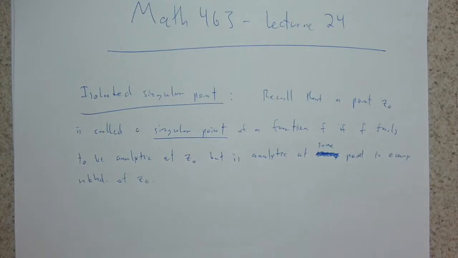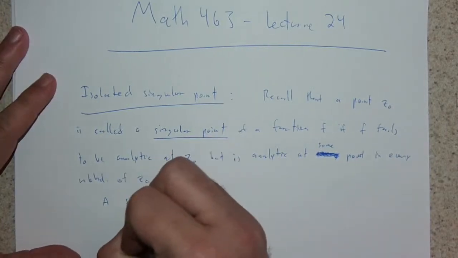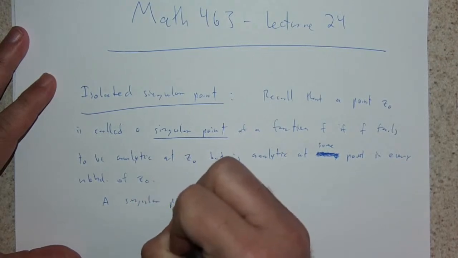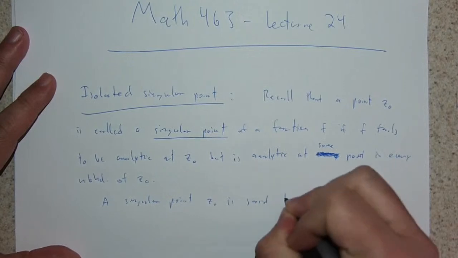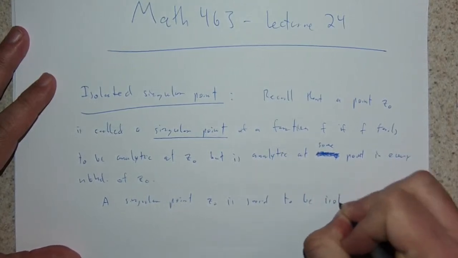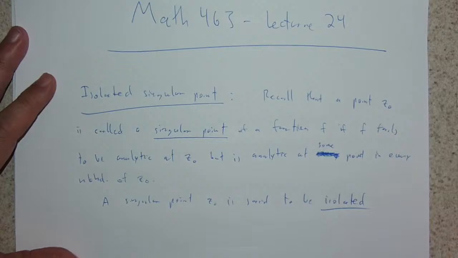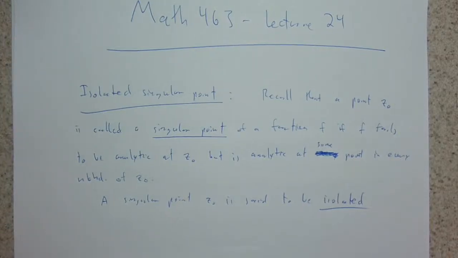What makes a singular point isolated? Well, a singular point z naught is said to be isolated if, in addition to actually being a singular point, there's a deleted neighborhood throughout which f is analytic.